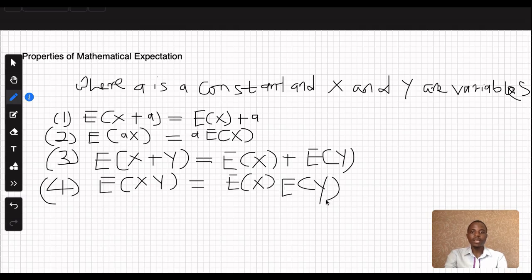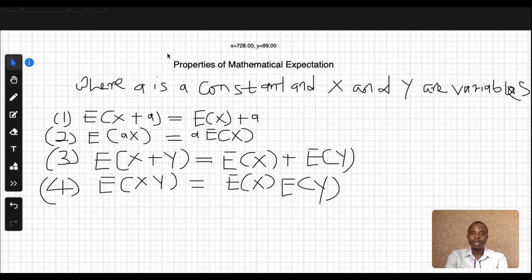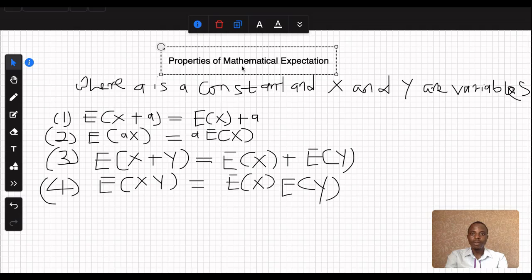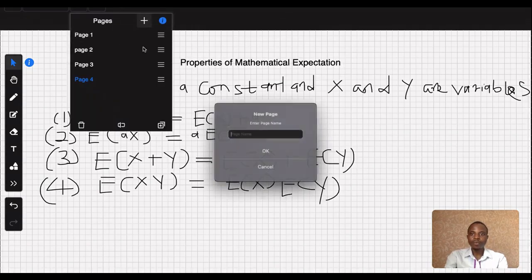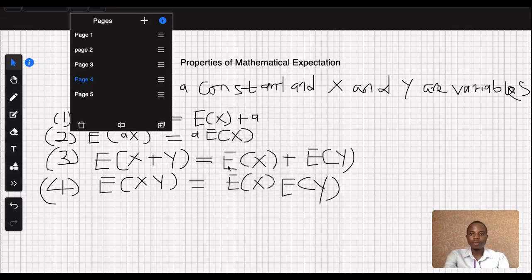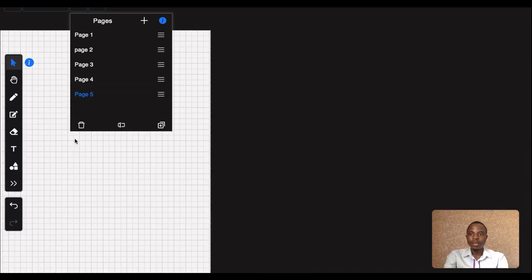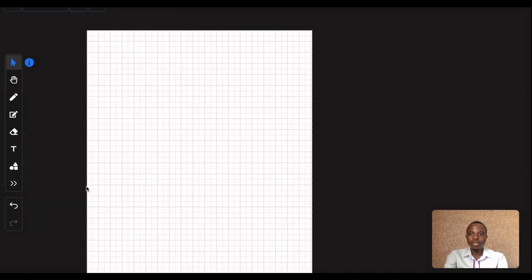All right, so these are the properties that you must take note of. So far, we have considered mathematical expectation from the standpoint of a discrete random variable. So everything we've done since we started has been with summation. So when we said the expected value, we were talking about it with respect to the discrete random variable.